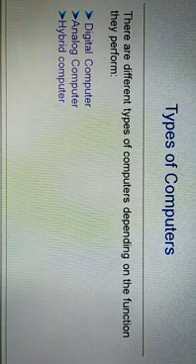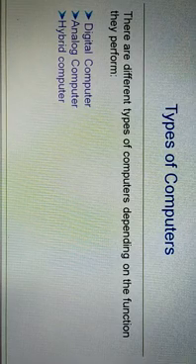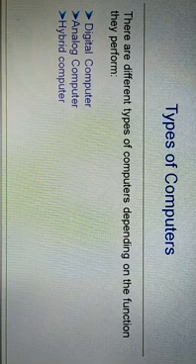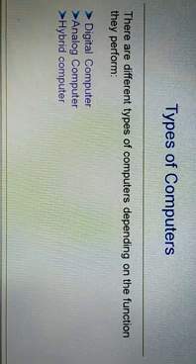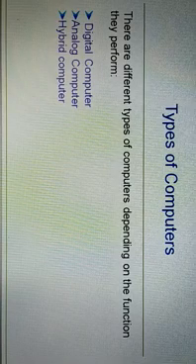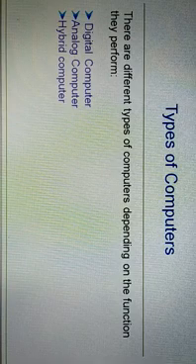A general purpose computer means a computer designed to solve a wide range of problems. Majority of digital computers are of this type. And a special purpose computer means a computer that is designed to perform a specialized task.